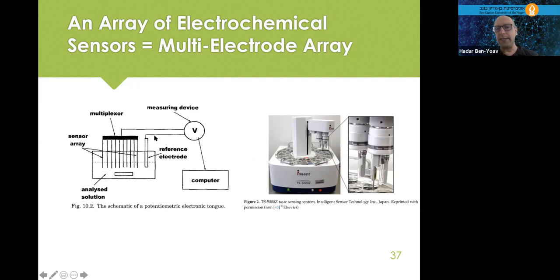For example, here we measure the potential change from each one of the electrodes, or we can also measure the current from each one of them. And this is a benchtop system where you have multiple samples and a sensor that measures from each one of them to generate a large data set to train the model.